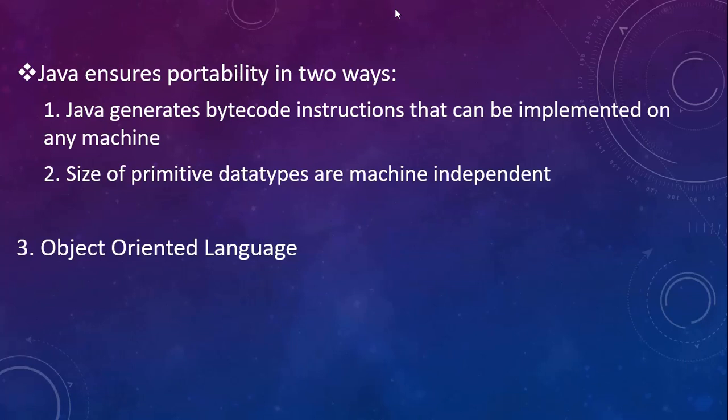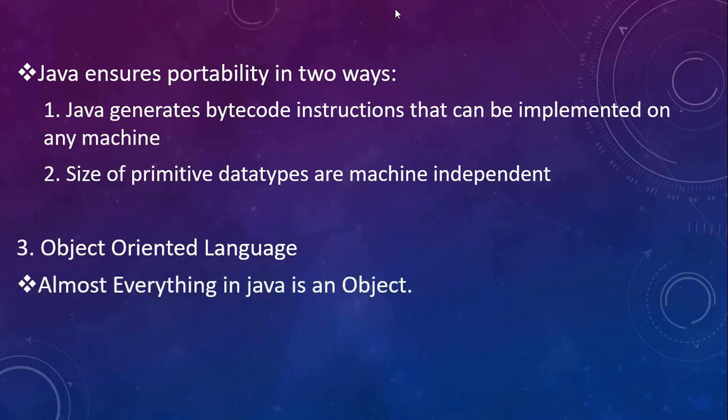If it was object oriented, then without classes and objects, you should not have been able to write any programs, right? Whereas in Java, almost everything is an object, unlike in C++.